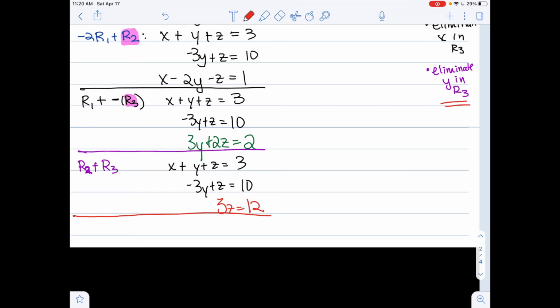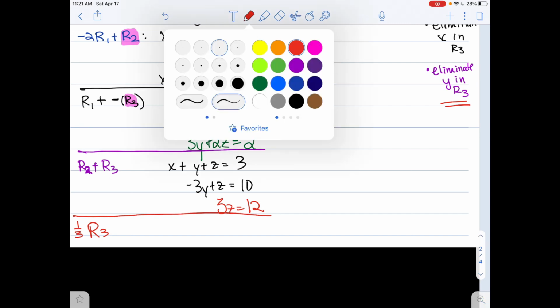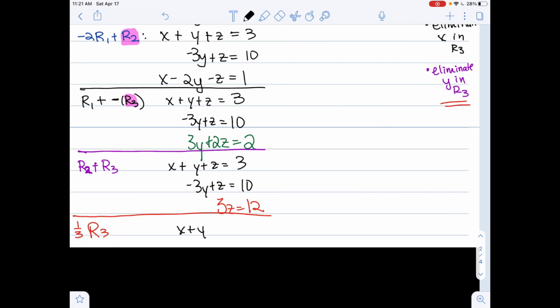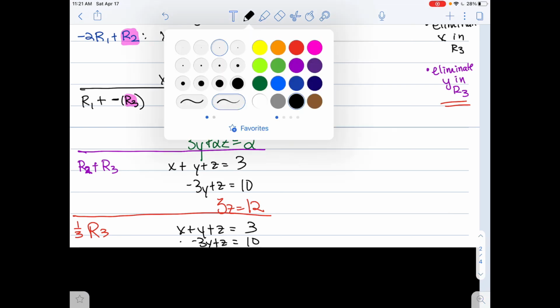The only difference now is in order for this to be row echelon form, this needs to not say 3z, it needs to say z equals some number. So I'm just going to take row 3 and multiply it by 1/3 because that will take away the 3. So again, I'm going to rewrite row 1, row 2, and let's see if this will let me write on top of it.